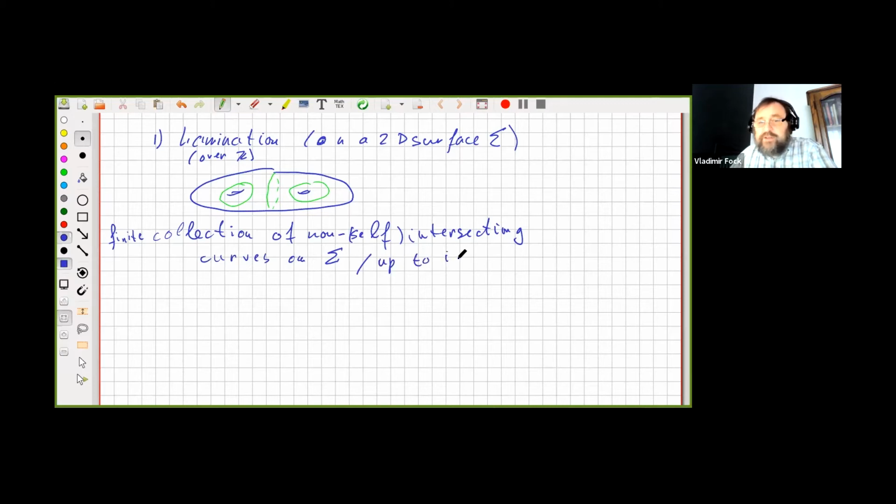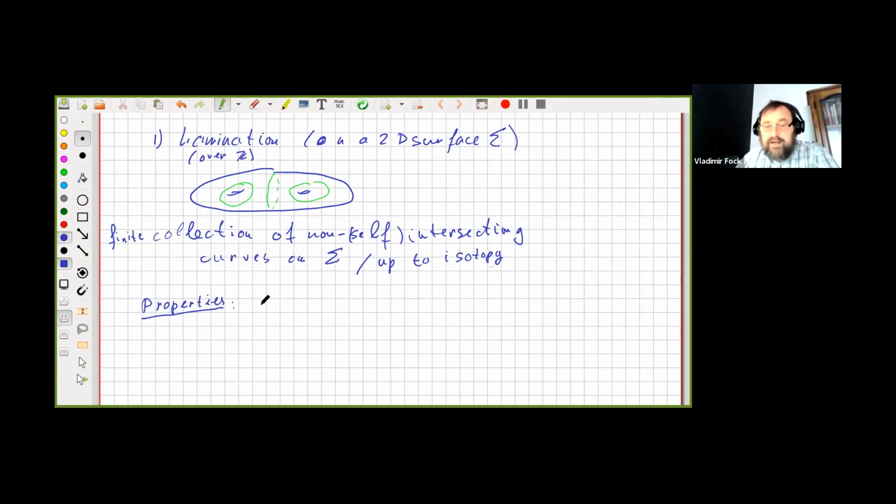It's just a combinatorial object. And the main properties, why it is interesting, is that it is related to different objects.